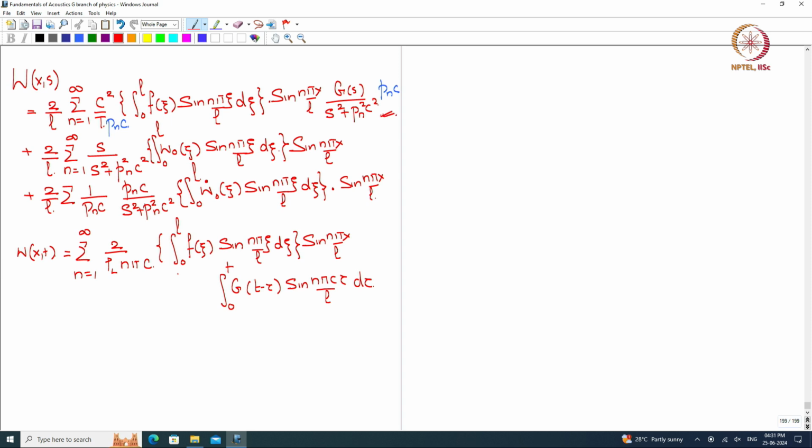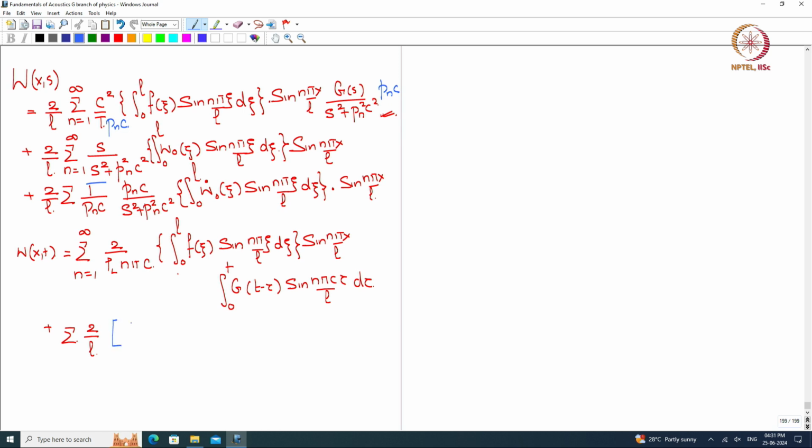Okay. Then plus, let us see, summation, I take this in 2 by L. The Laplace inverse of that entity is a cosine. So what is that?